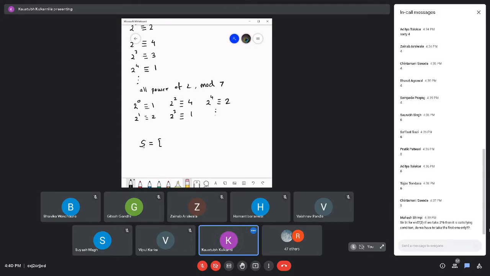Let's say the set is 1, 2, 3, 4, and we are defining a group such that this is the set, and the operation is multiplication modulo 5.